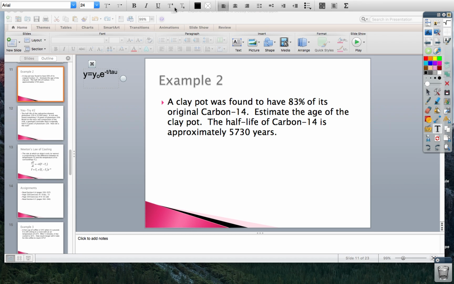So we want to know, since we're talking about decay, the opposite. We don't want to know how much is left over, we want to know how much it decayed. So in this particular case, it's 0.17 of the original.